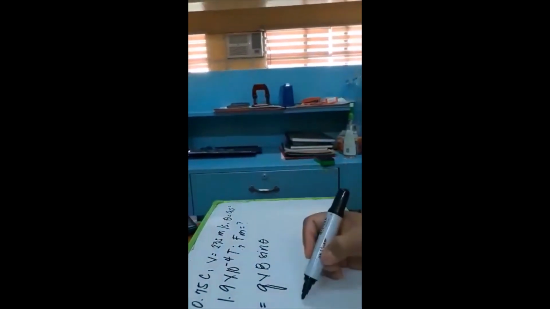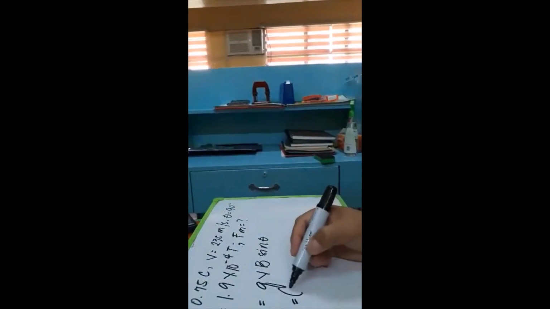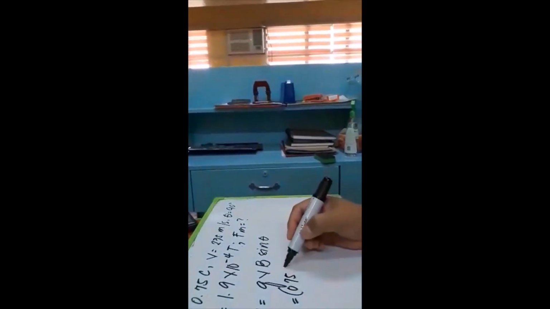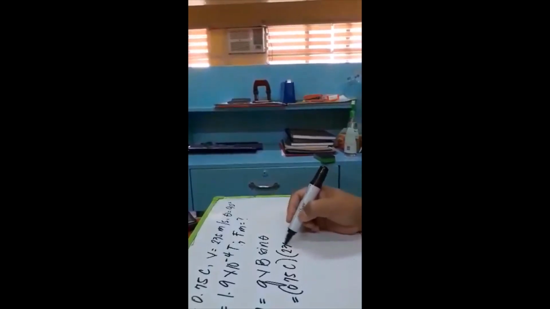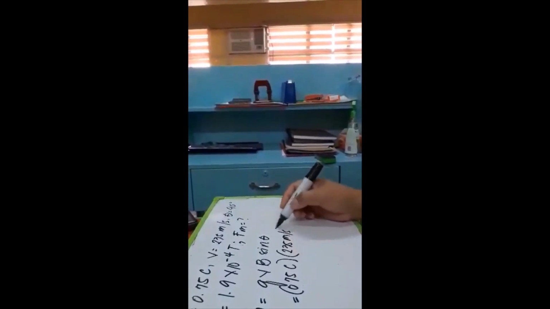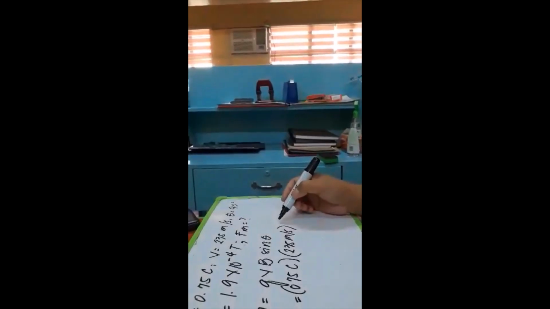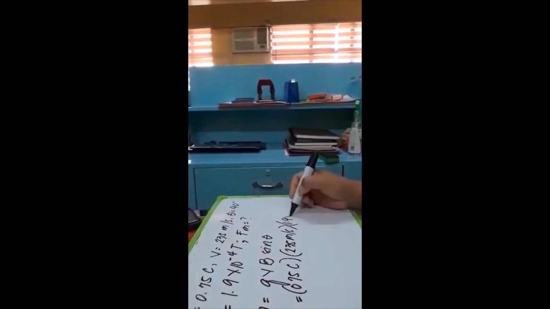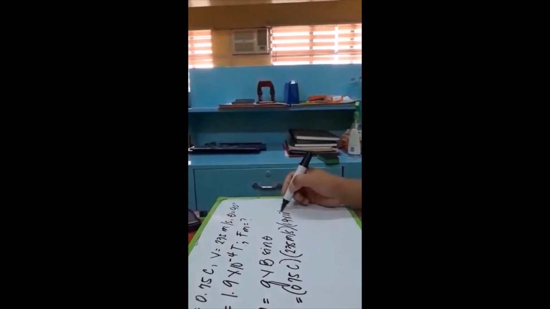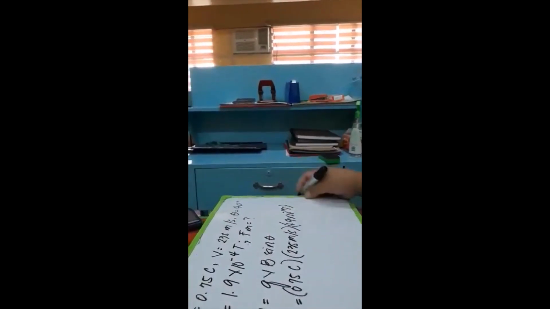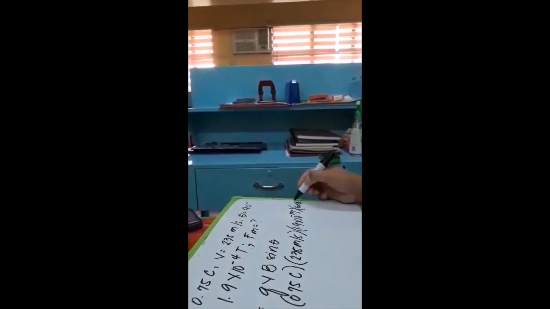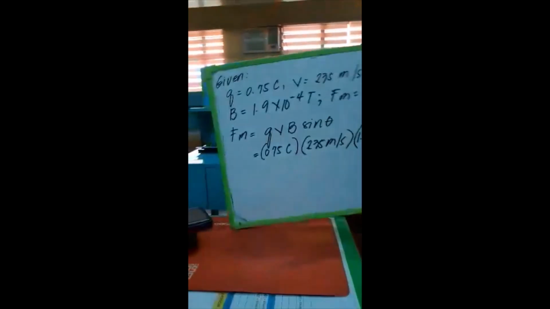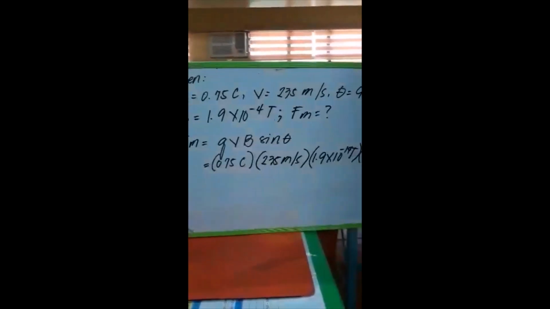So first, substitute po natin, Q is 0.75 coulomb multiplied by 235 meter per second multiplied by magnetic field which is 1.9 times 10 raised to negative 4 Tesla multiplied by sine 90 degrees. So ito po yon our solution.